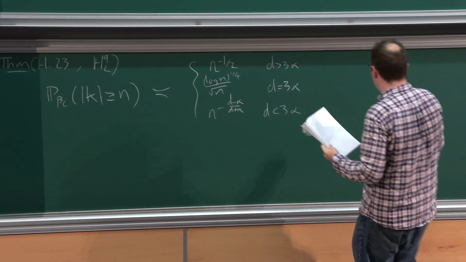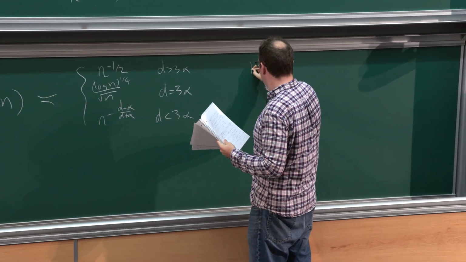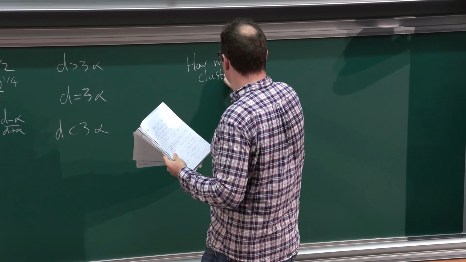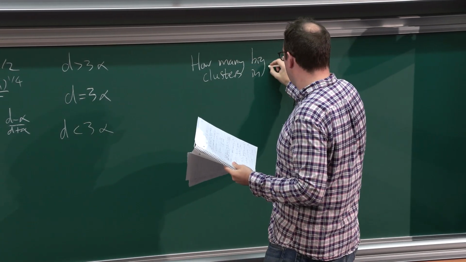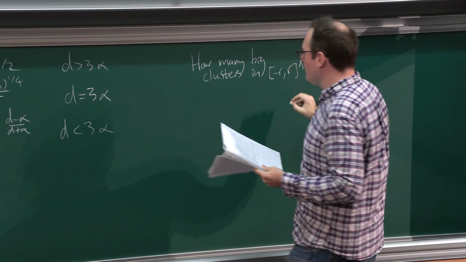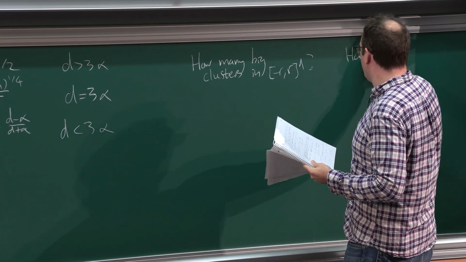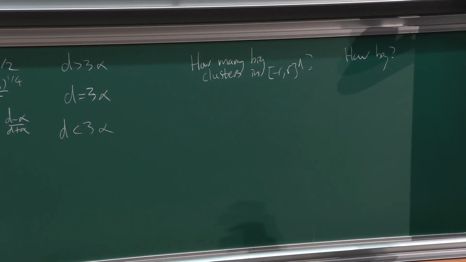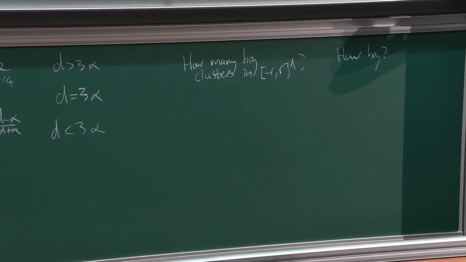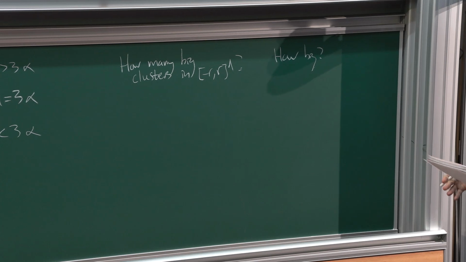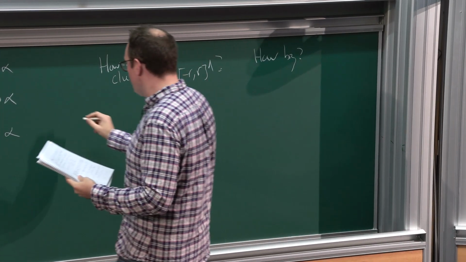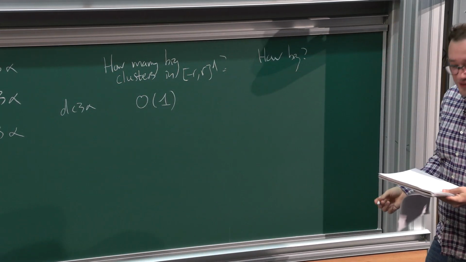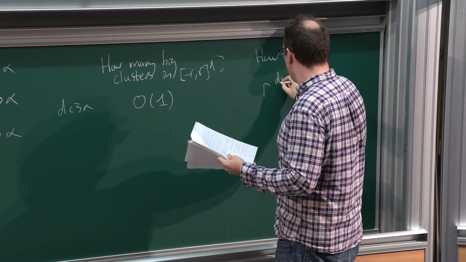So you get this basic thing that if you ask how many big clusters in the scale on some size r, and how big are they, then you get this dichotomy between the low-dimensional and high-dimensional cases that we were discussing in our non-rigorous overview, which is that in low dimensions, you get order 1 big clusters that have size r to the (d plus alpha) over 2.